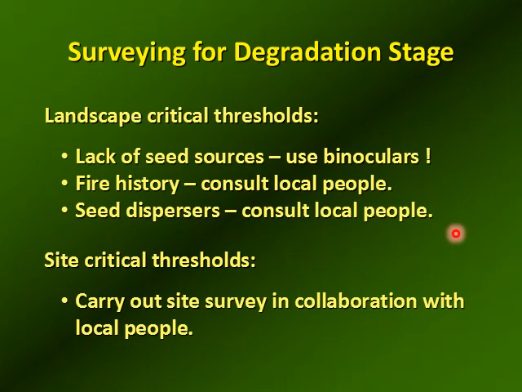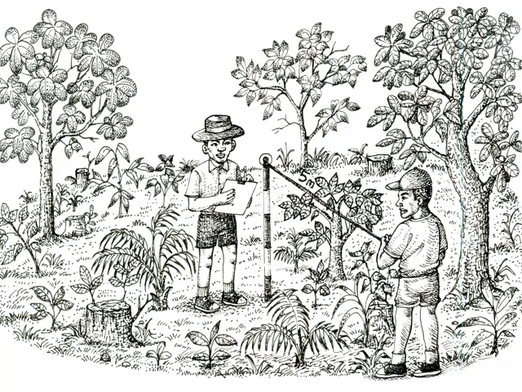On the site that you're going to plant, it's a good idea to actually get onto the site and do some sampling. And the sample unit that we use is the circle of diameter 10 meters.